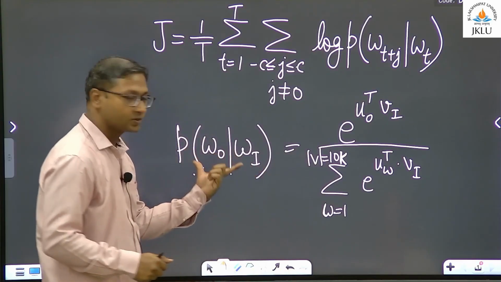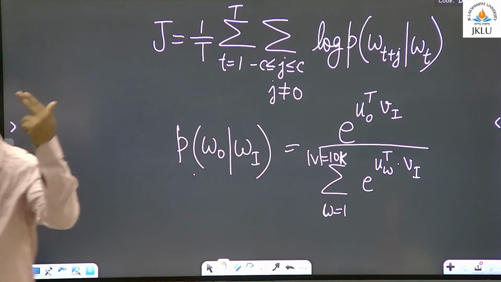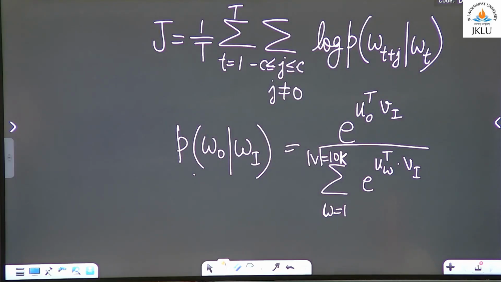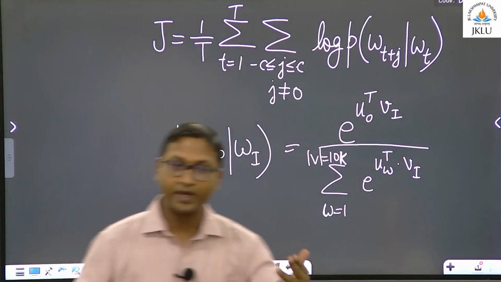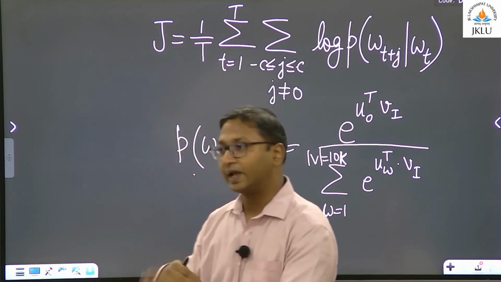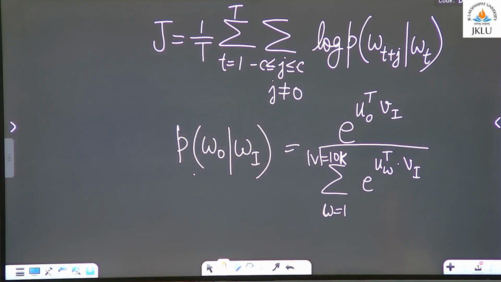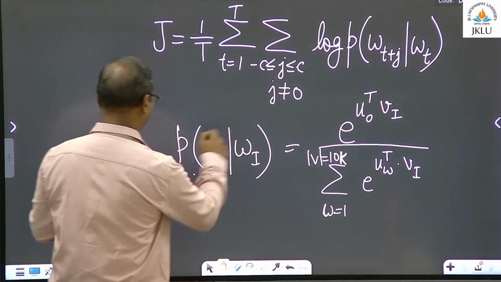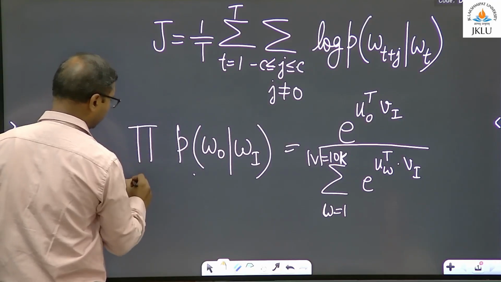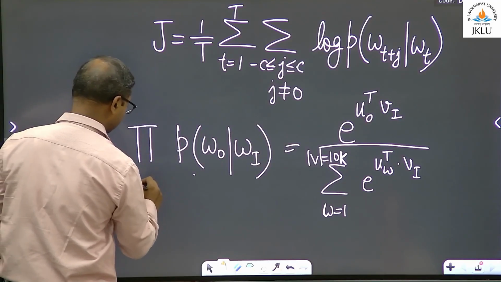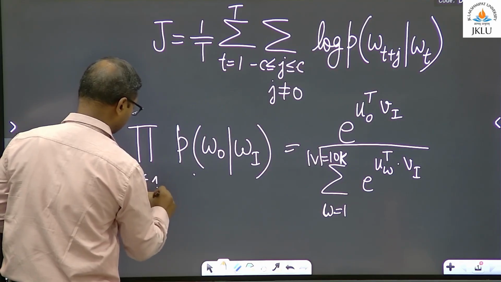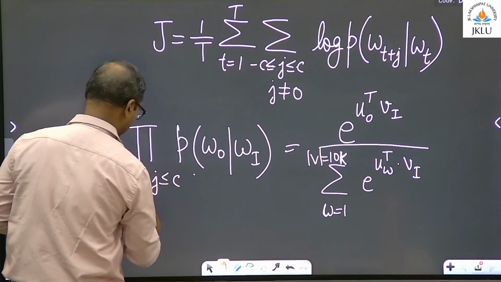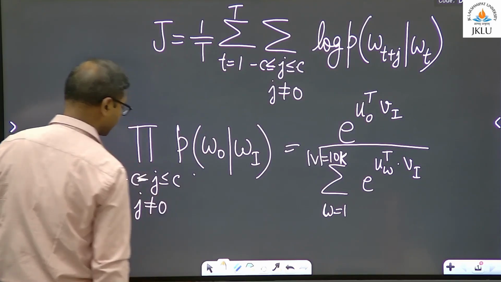Because you want to maximize the probability for the first pair, for the second pair, for the third pair, and for the fourth pair. So you have a product sitting in between, the product over minus C less than or equal to j less than or equal to C, j not equal to 0.